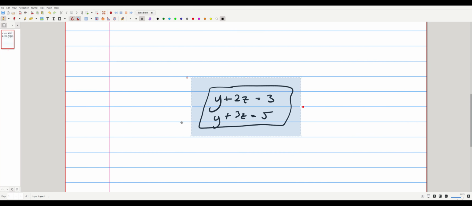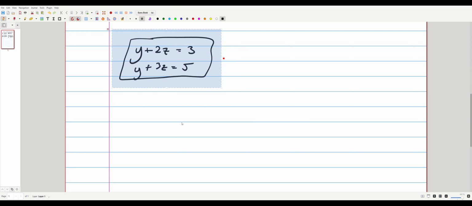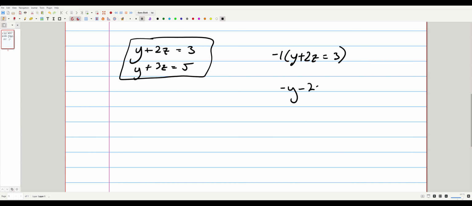Paste it here. Cool. Okay, so negative 1 times y plus 2z equals 3. That's going to give me negative y minus 2z equals negative 3.